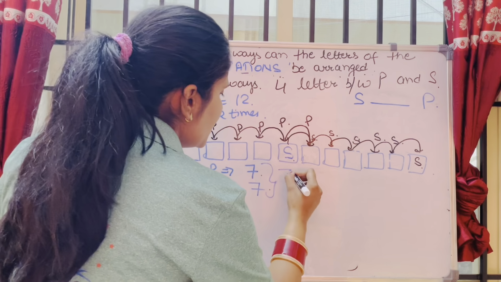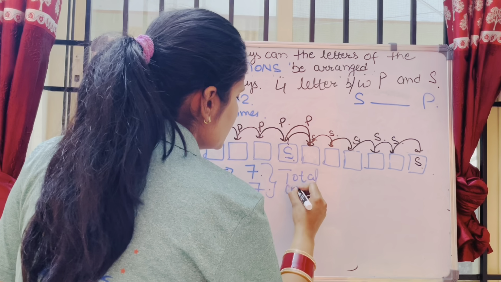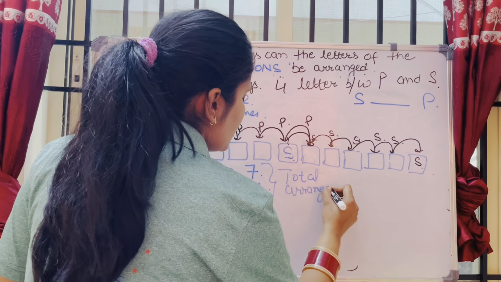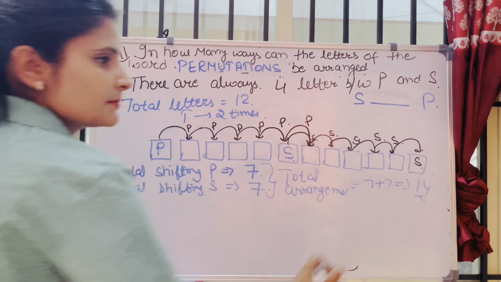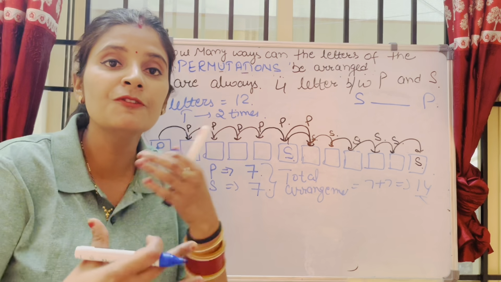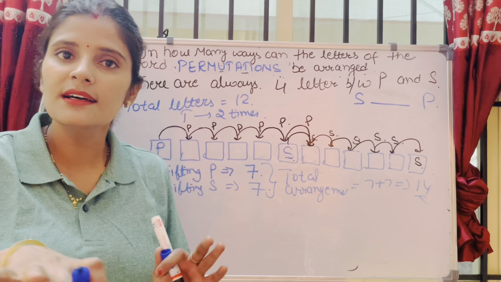So 7 plus 7, that is 14, total possibilities of shifting of P and S.